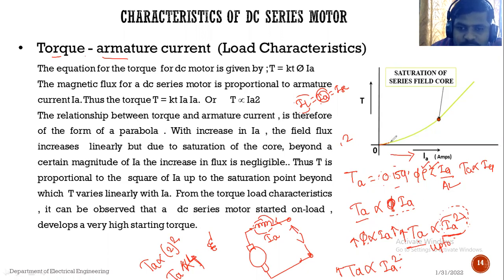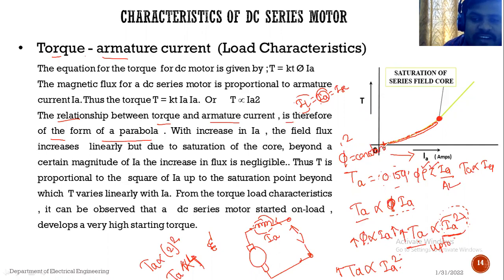So see, up to the magnetic saturation point, the curve will be like a parabolic path. The relationship between torque and armature current is therefore in the form of a parabola. At the saturation point of the field winding, the flux phi is constant.